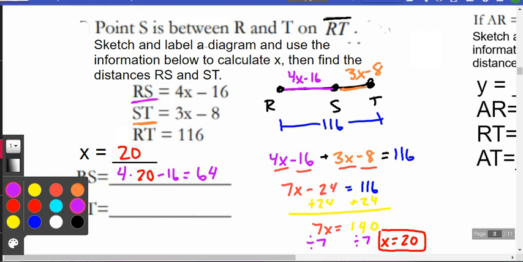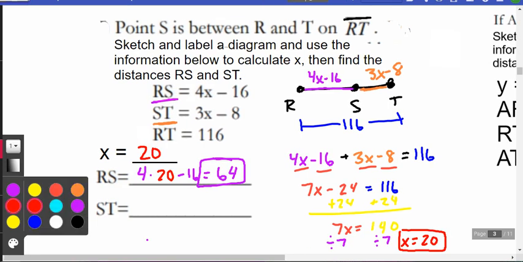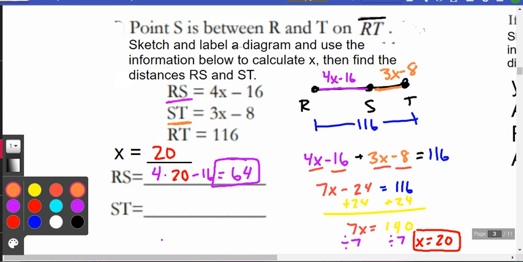So RS equals 64 units. We need to calculate ST, which is 3 times our x value of 20 minus 8, which is 3 times 20 is 60. Take away 8 will be 52.